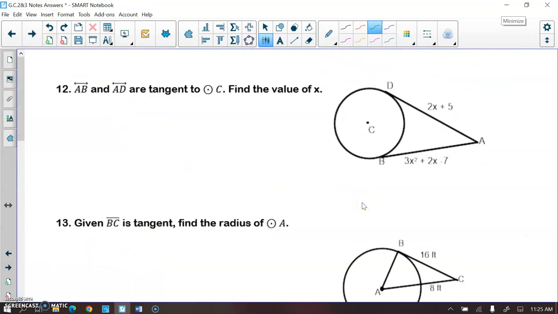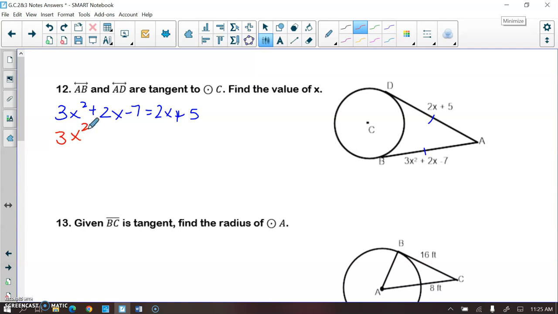The next one, we have tangent lines intersecting at the external point. So they are congruent, which means I can set them equal to one another. Since this is a quadratic, I'm going to need to set it equal to 0.